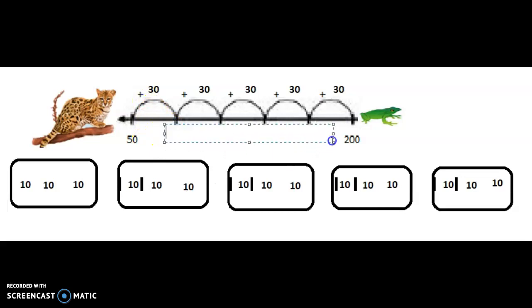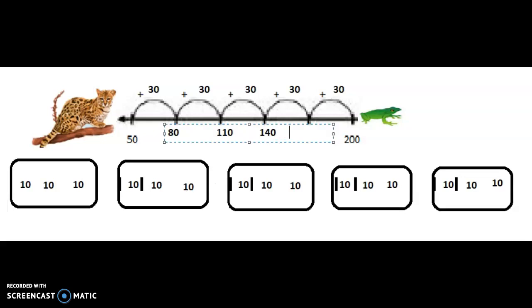The number is 80. 80 plus 30, help me again. Very good, 110. Excellent. Now, the next jump, the third one: 110 plus 30 is 140. You are very clever.